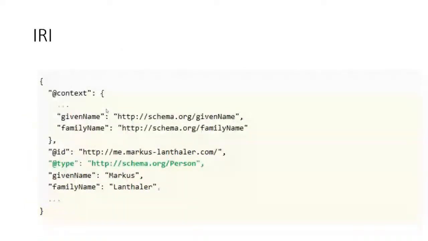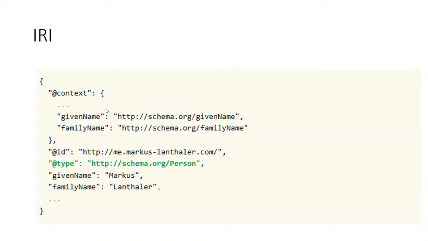If we look at the IRIs in terms of the context, you can see here the part of the schema saying there's a given name. We are pointing to schema.org/givenName. The same for family name, we're pointing to schema.org/familyName.